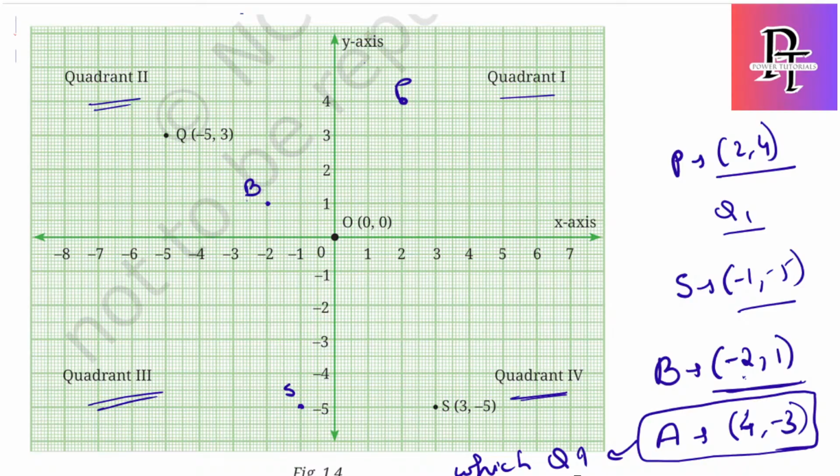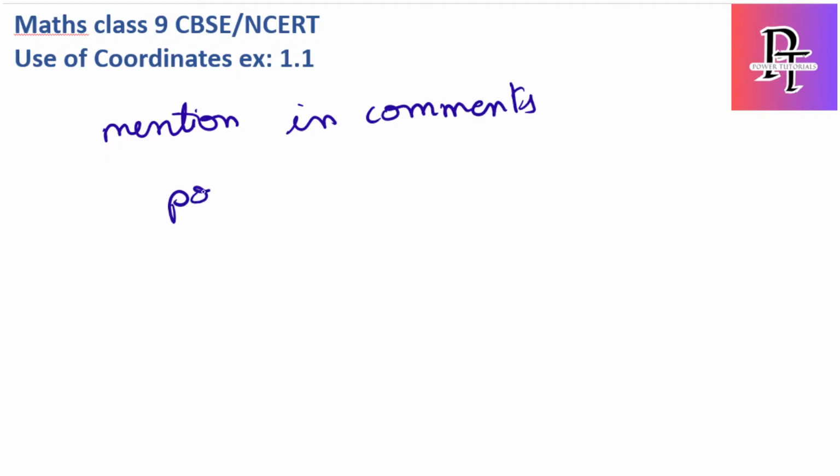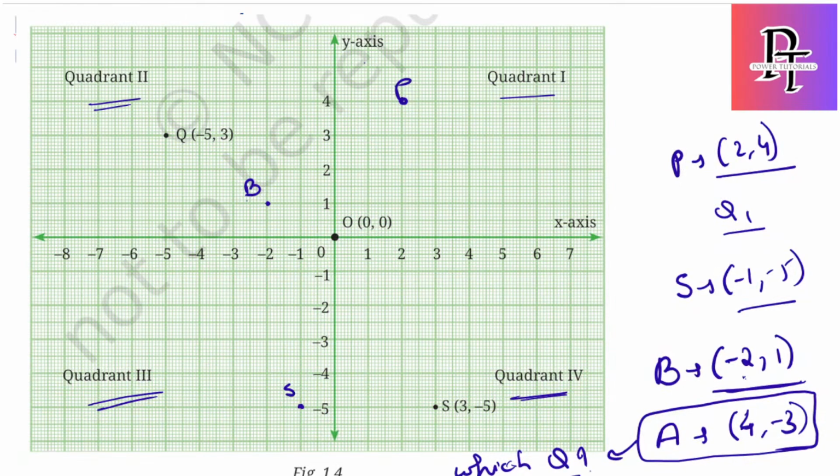I will check and respond to you. Repeating the question: point A, which is (-4, -3), belongs to which quadrant?